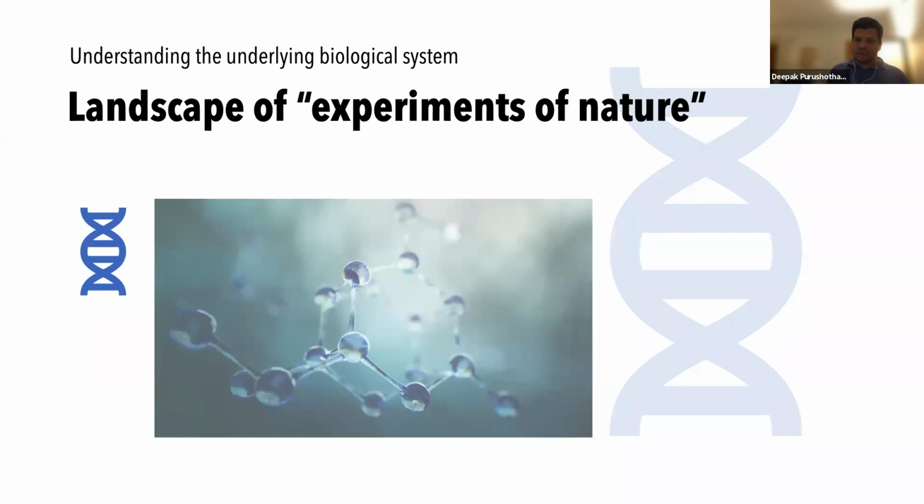Essentially, experiments of nature are naturally occurring mutations in humans that affect the activity of a particular protein target, or targets, that can be used to estimate the probable efficacy and toxicity of a drug targeting the protein. This also gives a holistic picture of what naturally occurring mutations there are in humans and how they affect the activity of a particular protein target.